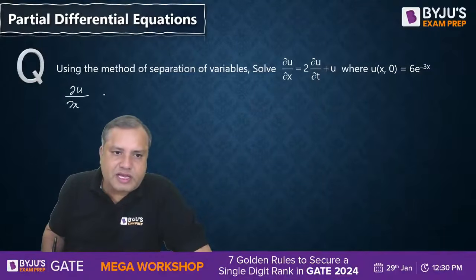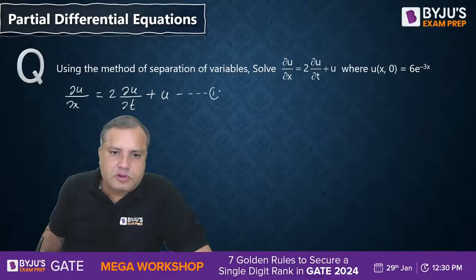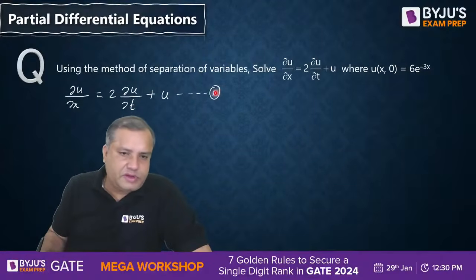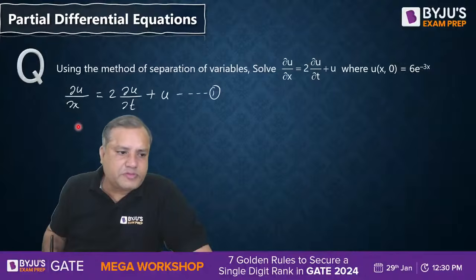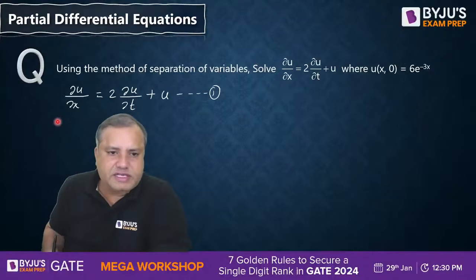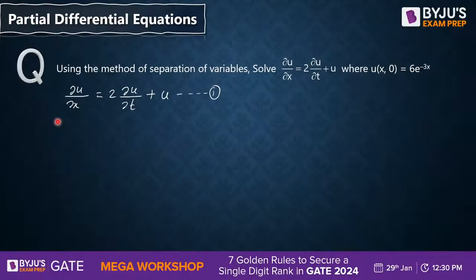Del u by del x equal to 2 times del u by del t plus u. This is my given equation. By observing this given equation, we can say that u is the function of x and t.